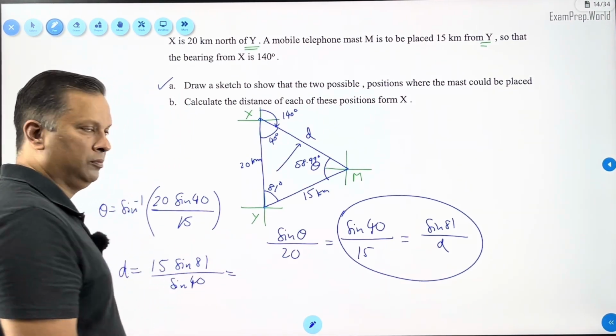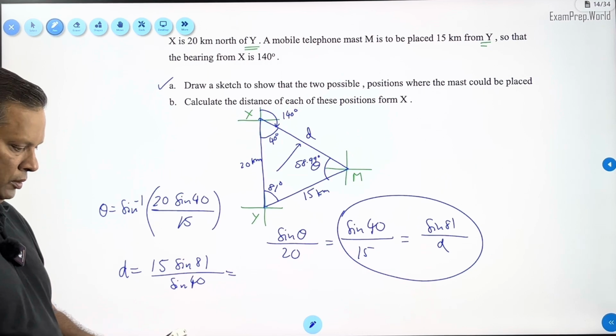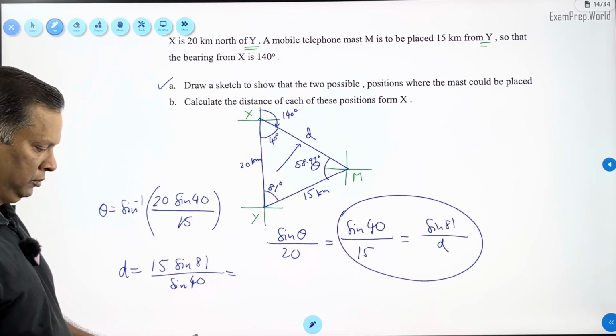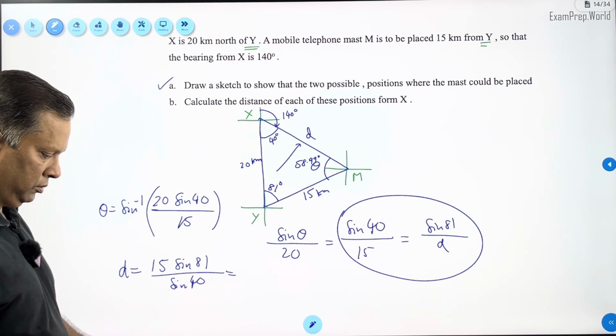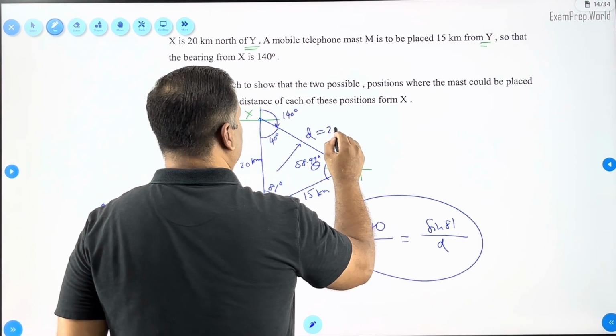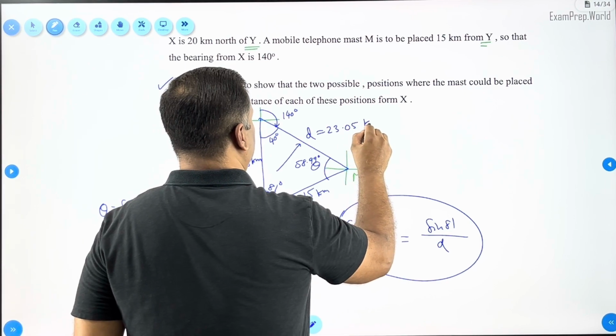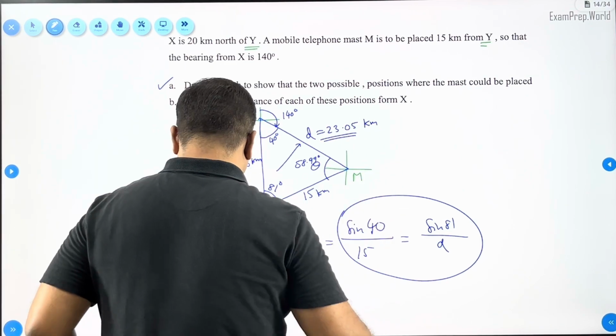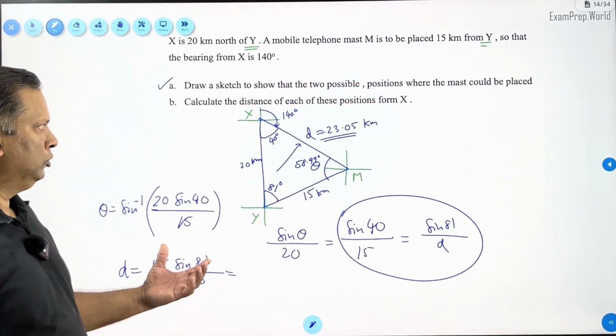How much is it? Sine 81 by sine 40 gives 23.05 kilometers.